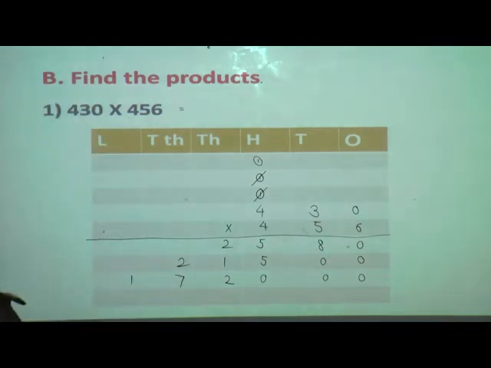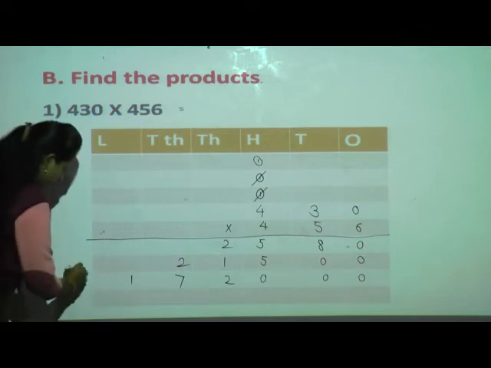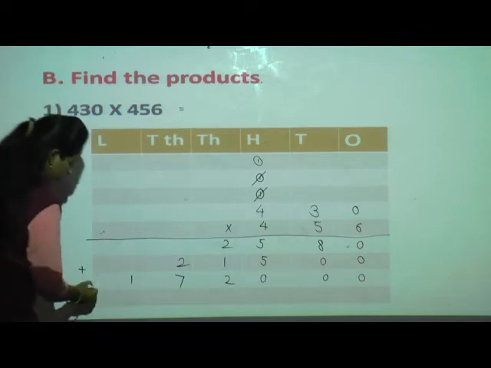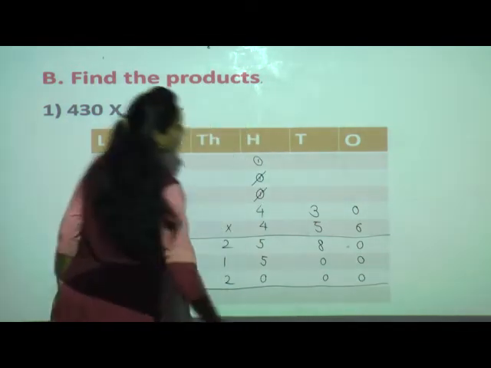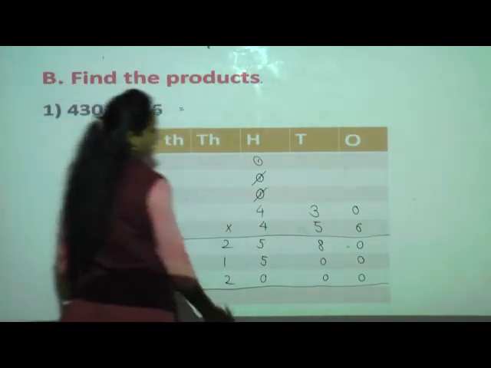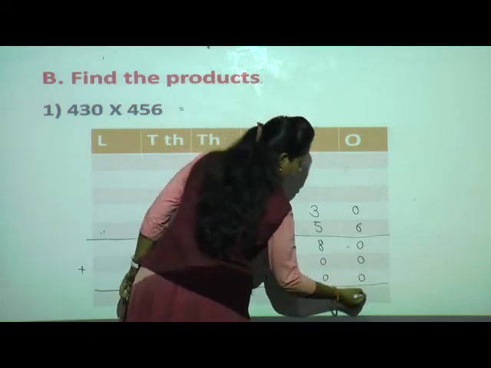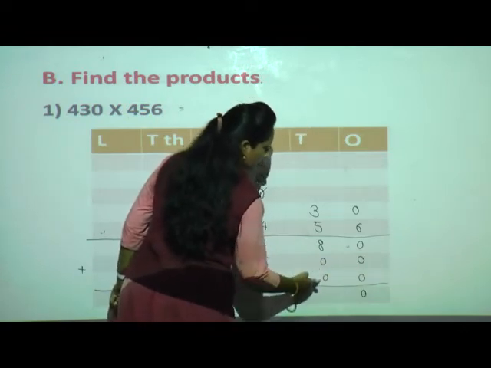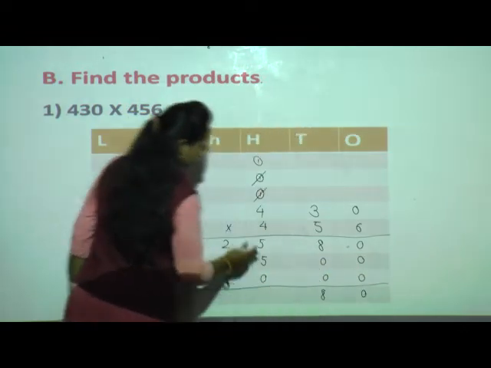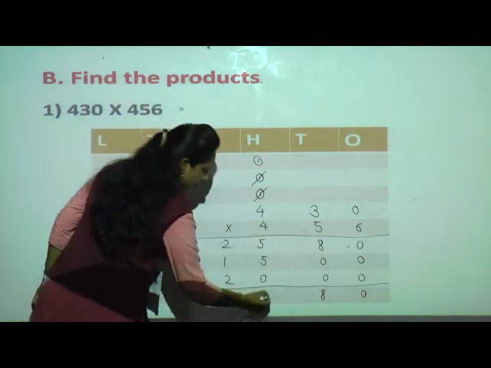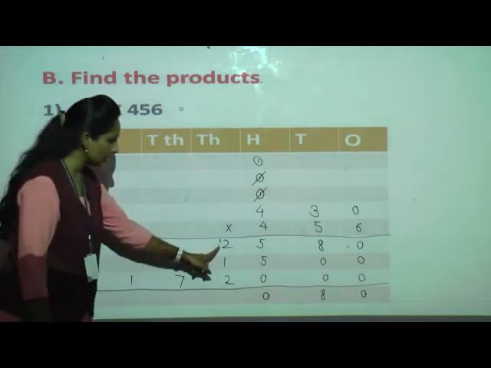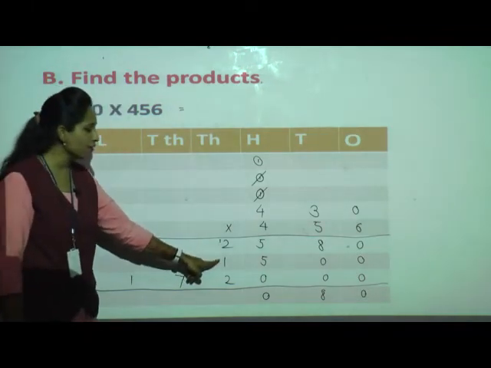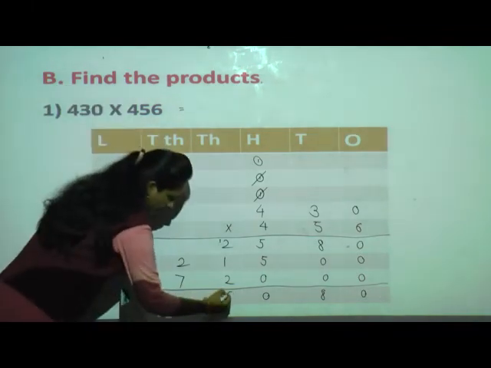In this way we got 3 products. Now what will we do? We will add these 3 products together to find the final product. 0 plus 0 plus 0 is 0. 8 plus 0 plus 0 is 8. 5 plus 5 is 10. 1 will be carry over. 2 plus 1 plus 2 is 5... 3 plus 1 is 4. 4 plus 2 is 6.